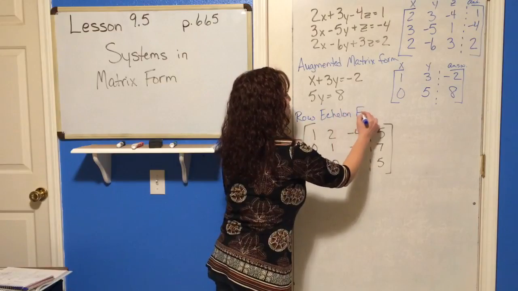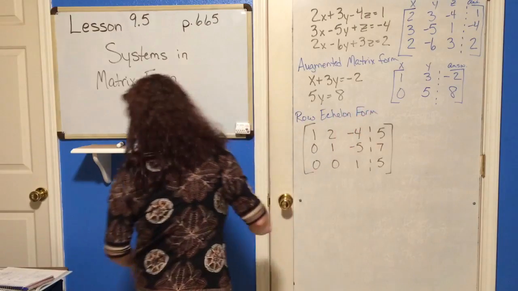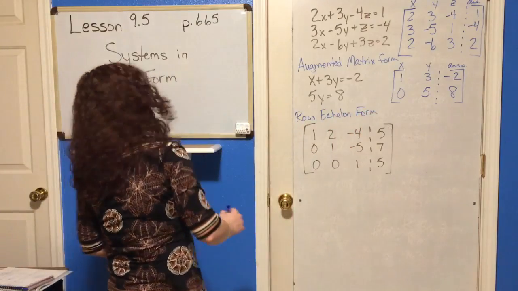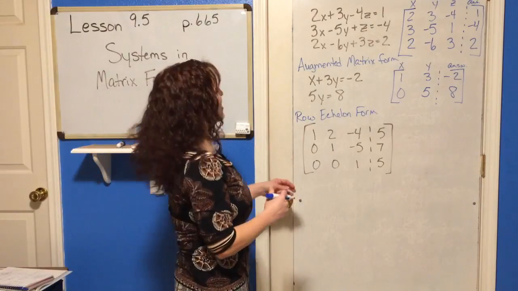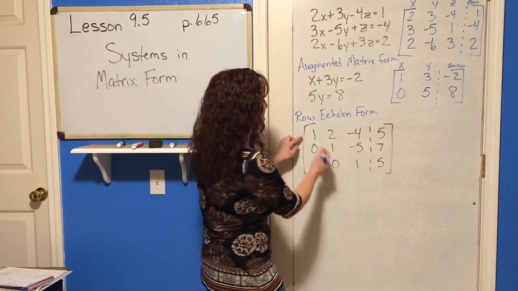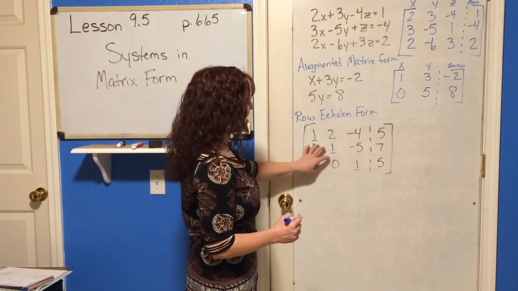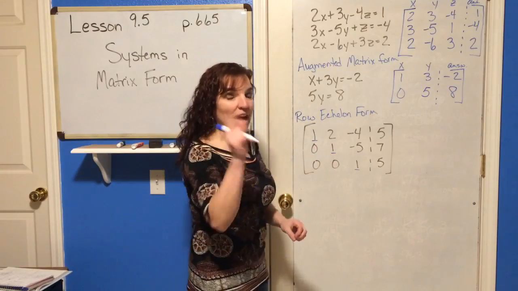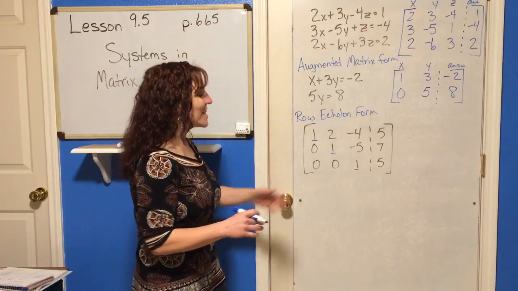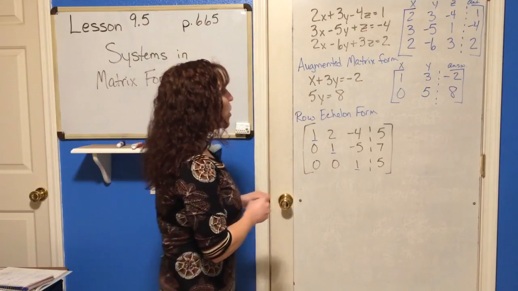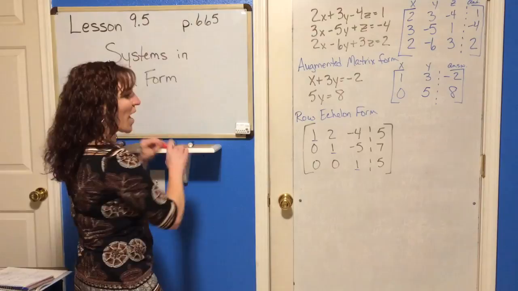Row Echelon Form, E-C-H-E-L-O-N. Yay, I did it. So Row Echelon Form means we've got ones going diagonally from the top corner and zeros under those ones.